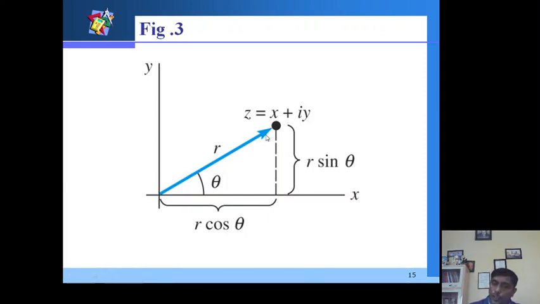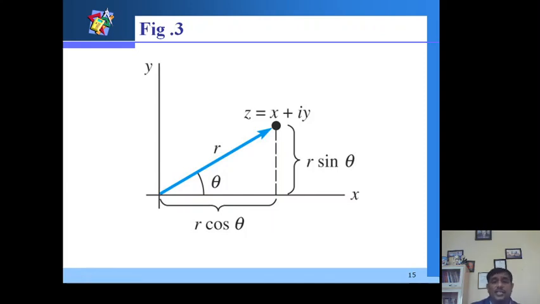If this is the position vector z, then it is the same as r, and here you can see that this is x and this is y. You already know this is (x, y). Then if you take the angle theta, sin theta and cos theta are y by r and x by r, so x is r cos theta and y is r sin theta.